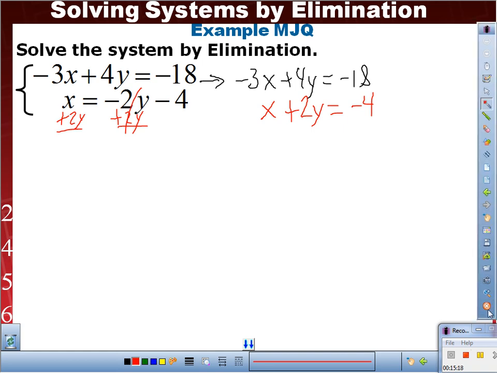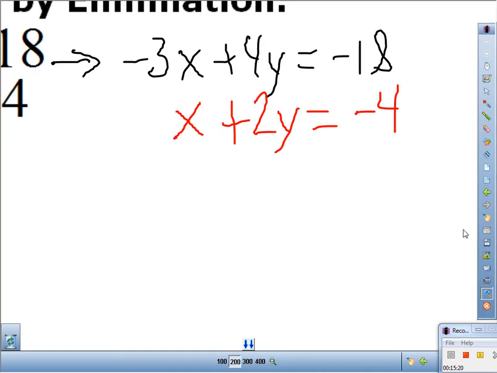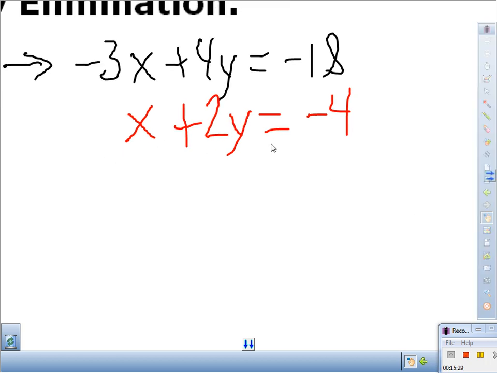Writing utensils down. Look at it. If I wanted to eliminate x, what do I need to do to this equation? Talk it over with your neighbor.